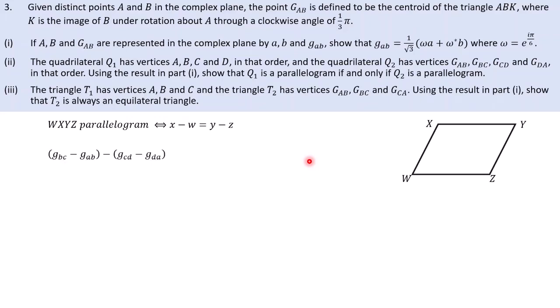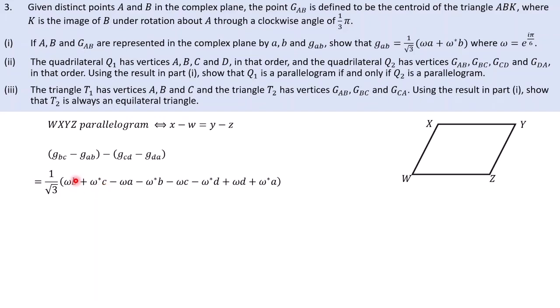So that gives us a way to use part 1. The way we'll do it is, we know that Q2 is a parallelogram if and only if this thing is 0, right? So let's just see what happens if we start with this term and apply the expression in part 1 and see what we end up with. So we have this GBC minus GAB. I'm just going in the order similar to the first statement, and we just blindly substitute in part 1.